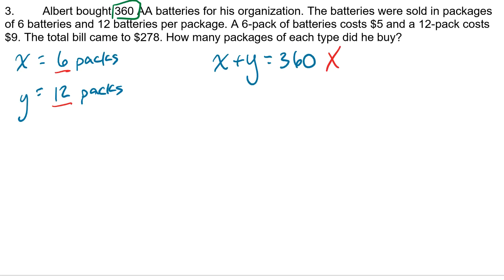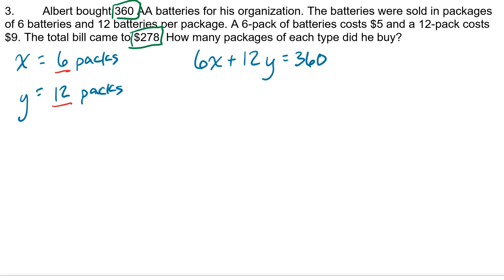He didn't buy 360 packs, he got 360 batteries total. All right, so instead of that, if we do 6 batteries per X pack plus 12 batteries per Y pack, that'll give us 360.